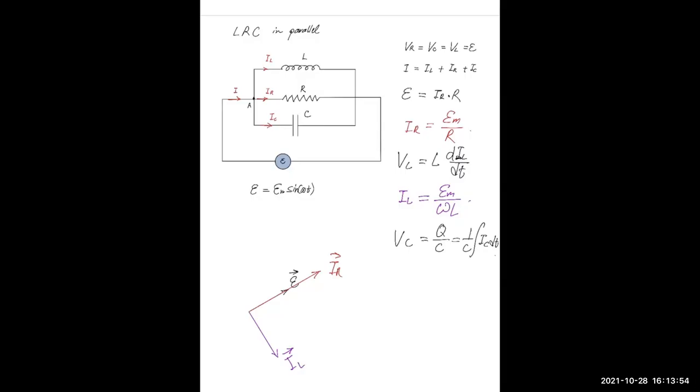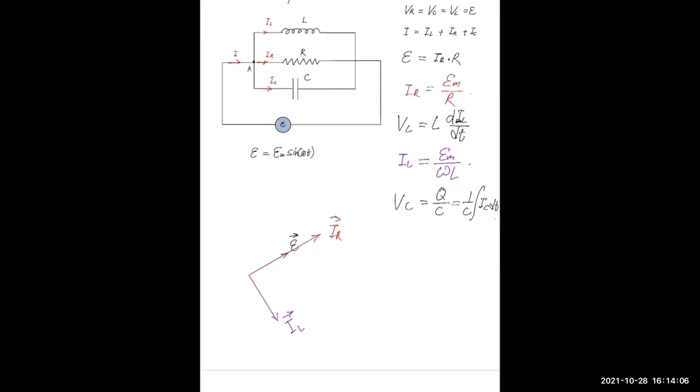Now, cosine leads sine by 90 degrees, but a negative cosine function falls back by 180 degrees. So overall, VC trails IC by 90 degrees, as we saw before. So VC, of course, is the same as epsilon. And therefore, I should draw IC 90 degrees ahead of that. And so let me draw that. Again, I'll use a different color.